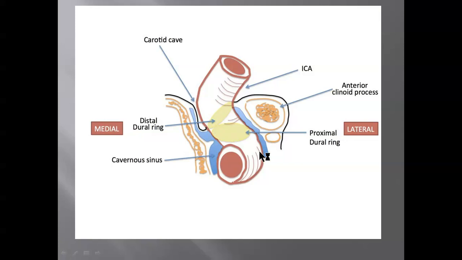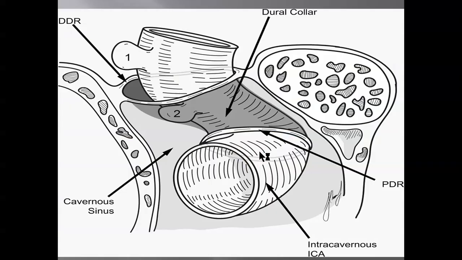Therefore, this is called the dural collar. Here we can see the cavernous C3 segment, or C4 segment in the Bouthillier classification. This is the cavernous segment of the internal carotid artery.